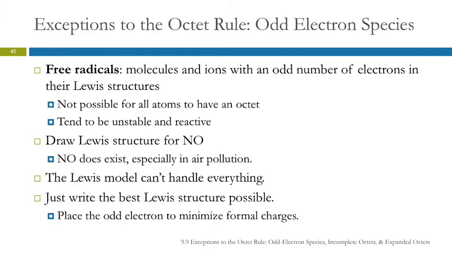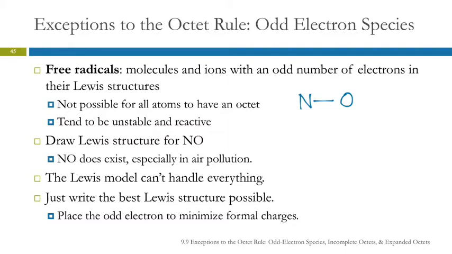So let's draw the Lewis structure for one of my favorite molecules, nitrogen monoxide. Okay, so we've got nitrogen and oxygen, and we have to connect them with a bond. Then we have to look at how many valence electrons we have in total.